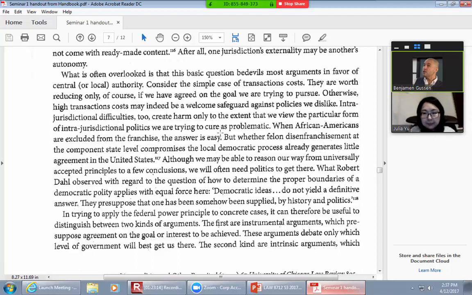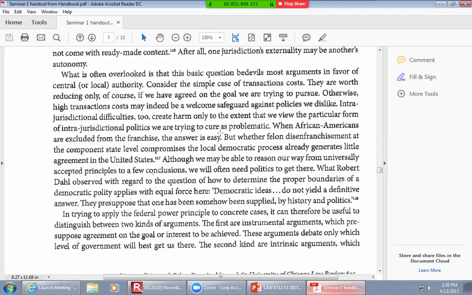So it says here, consider the simple case of transactions costs. They are worth reducing only, of course, if we have agreed on the goal we are trying to pursue. So he's saying we can't start talking about the economics of it before agreeing on what to do.